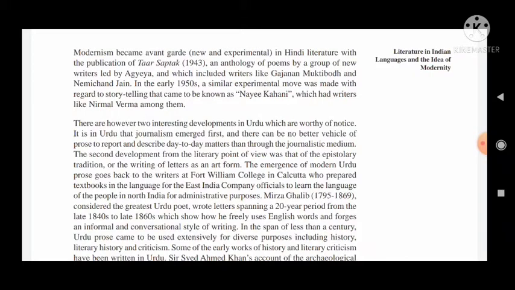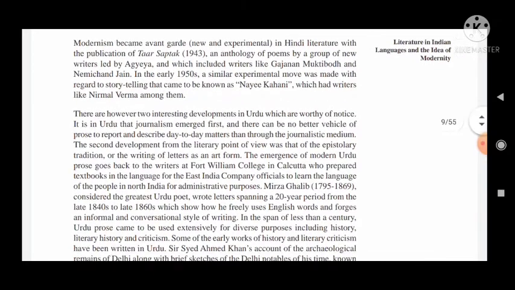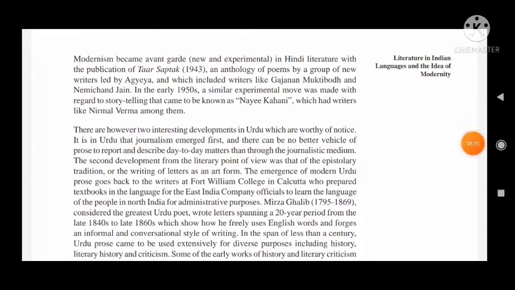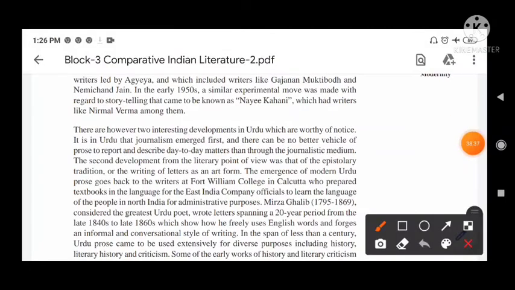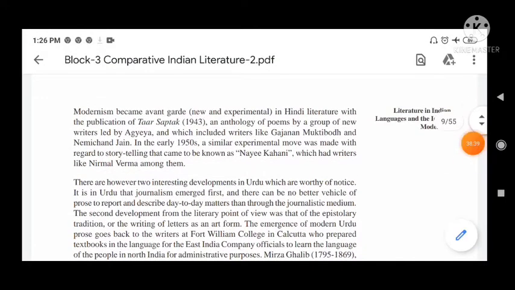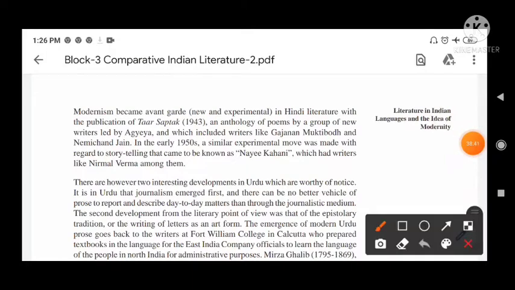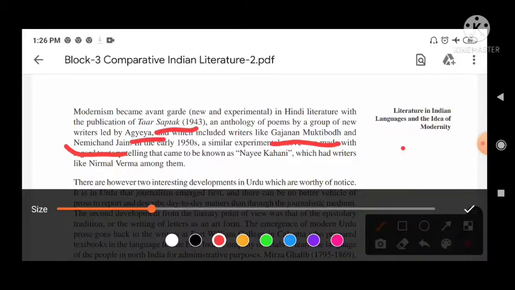Here it is the main key point: Gajanan Muktibodh and Nemichand Jain, the group of new writers led by Ajneya, Tar Saptak, 1943.